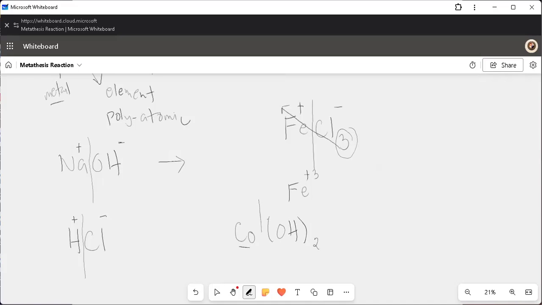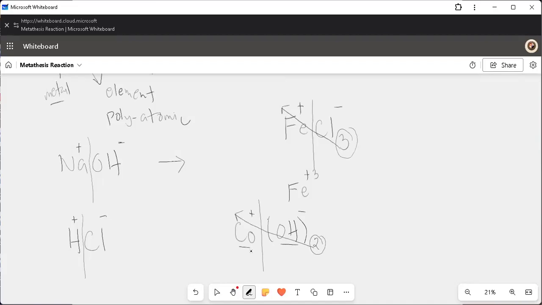Cobalt is a metal, so split here, and this will be the positive charge. But OH is a polyatomic ion, and the charge of OH is basically -1. But cobalt, again, is an example of an element with multiple charges. So what will be the charge of cobalt? Check again the subscript.